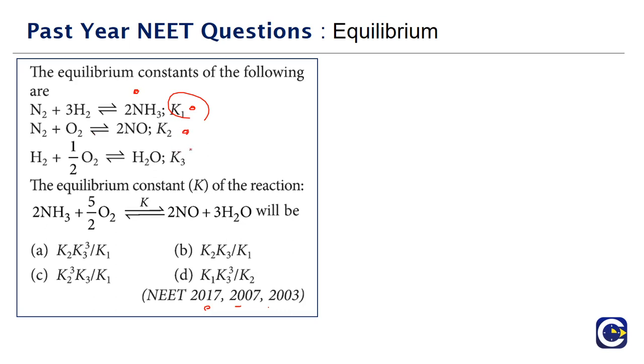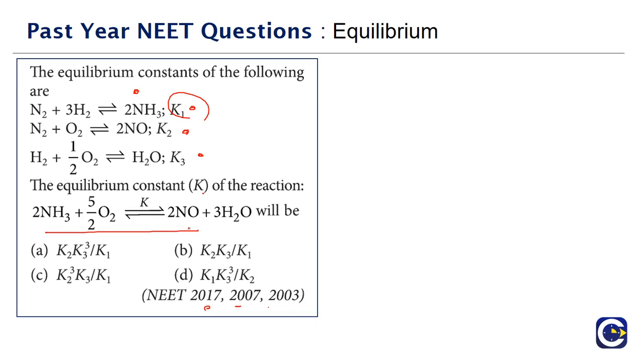For this, the equilibrium constant is K2. Third, H2 plus half O2 gives rise to H2O. For this, the equilibrium constant is K3. Now, using this data, we have to find the equilibrium constant K of the reaction. So this is the reaction for which we have to find the equilibrium constant.